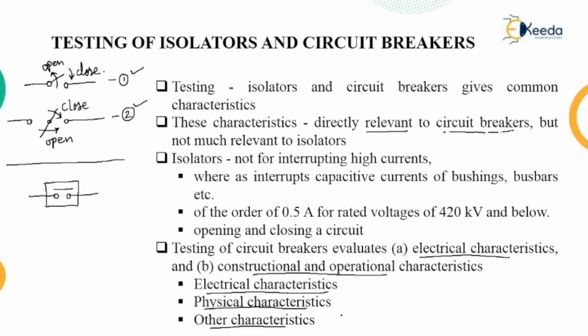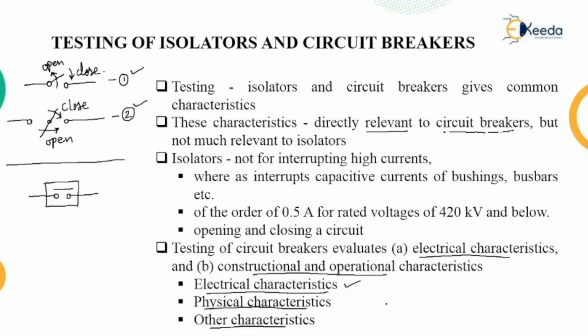In electrical characteristics, we determine the arcing voltage, current chopping, residual current, rate of decrease of conductance, shunting effects in interruption, etc. These kinds of parameters are studied in electrical characteristics.